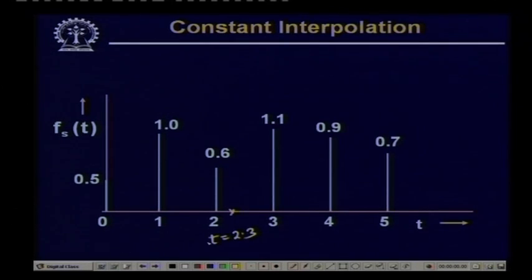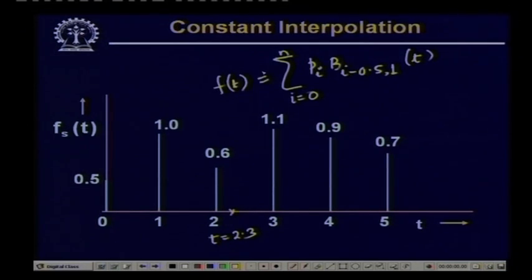For this, I will consider the equation to be p i into b i minus 0.5, with k equal to 1 for constant interpolation, t, and I will take the sum for i equal to 0 to n. So, this will give me the approximate or interpolated value at t.